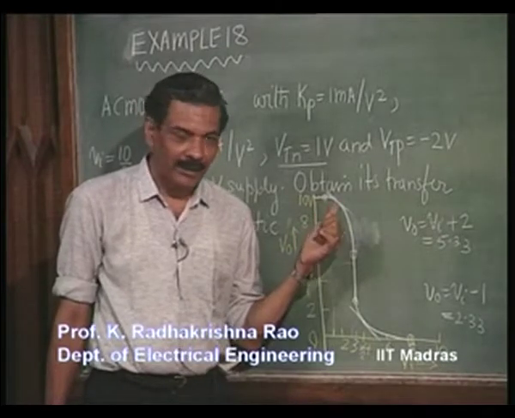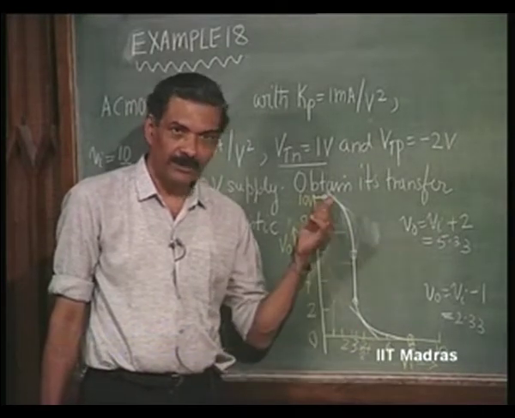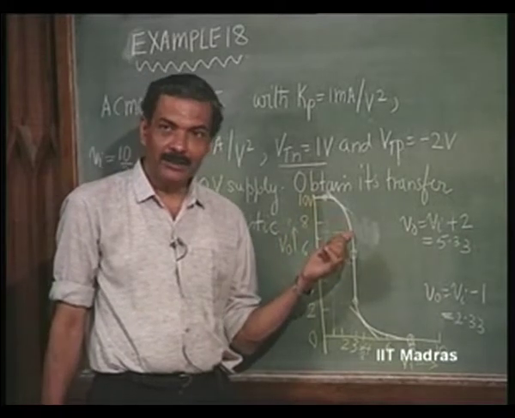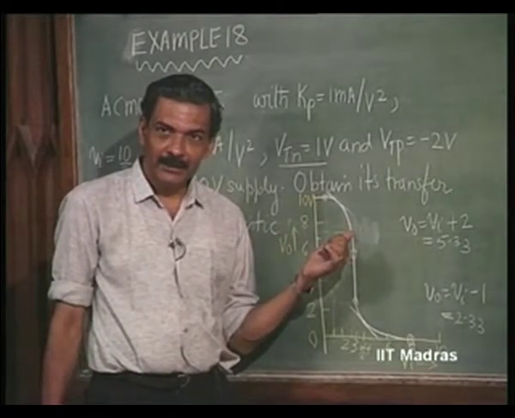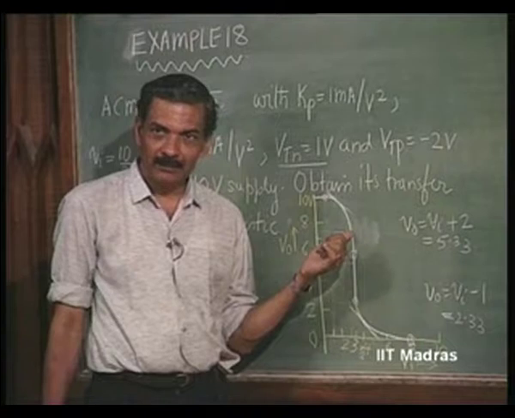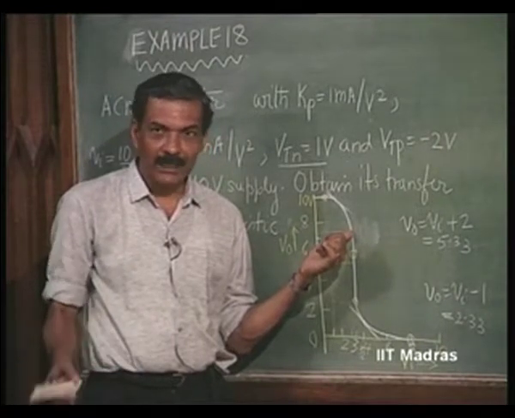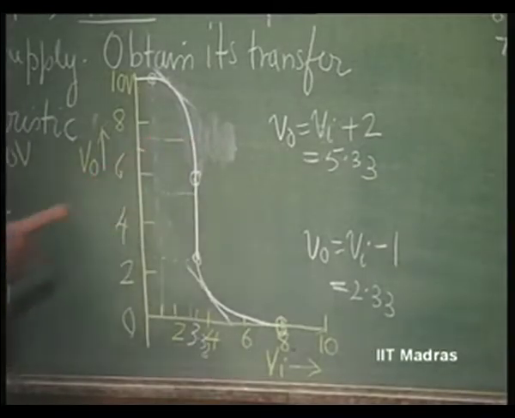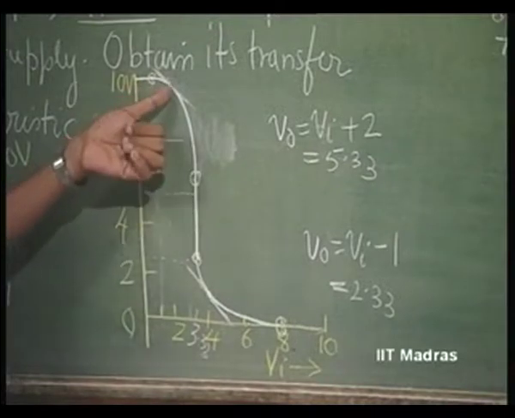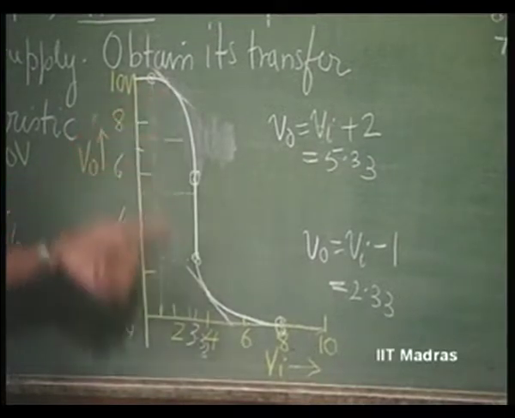This I am going to leave as an exercise for you. In this region, find dV0 by dVi from the expression for V0 versus Vi, then set it equal to -1 and find the point V0 and Vi at which this happens.